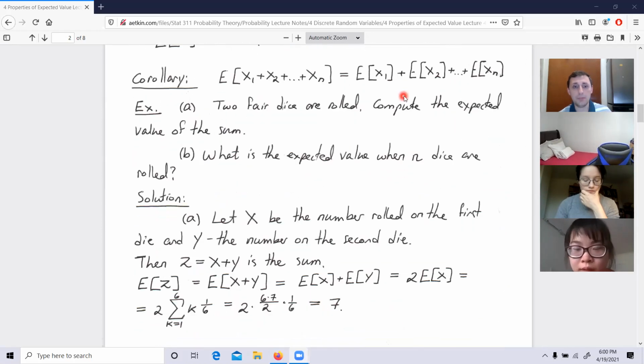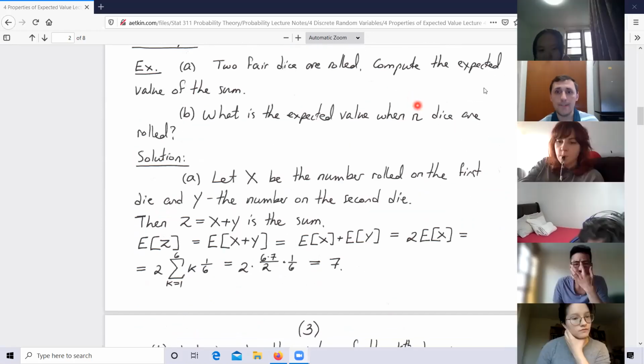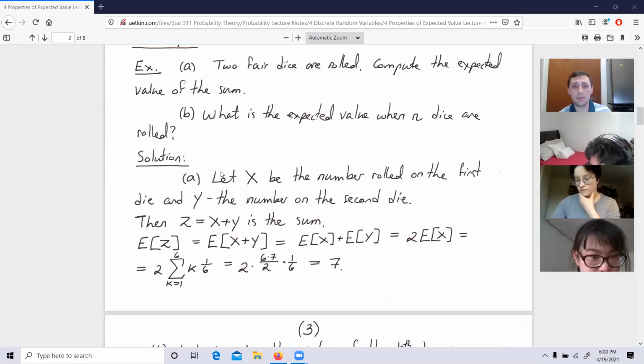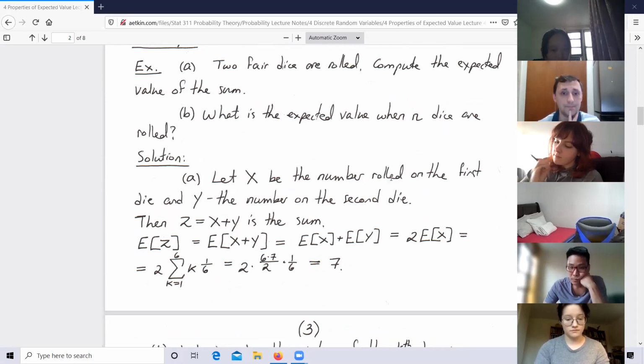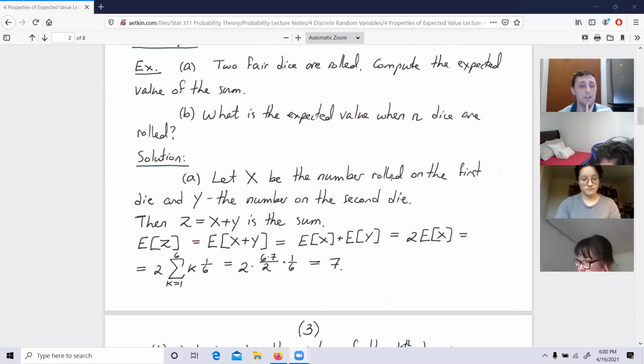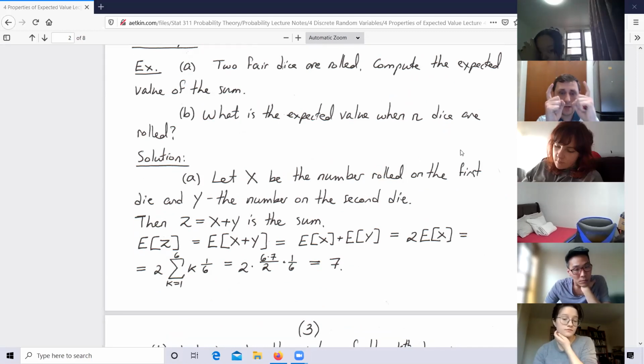Now the situation can be done this way, guys. You see, I can label x to be the outcome on die number 1 and y to be the outcome on die number 2. And so the summation is the outcome on die number 1 plus the outcome on die number 2. Agreed? So in particular, what's the sample space? The sample space is just a pair of values: outcome 1, outcome 2.